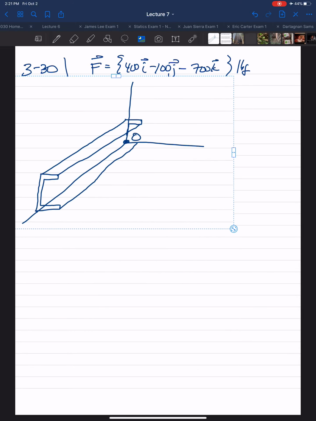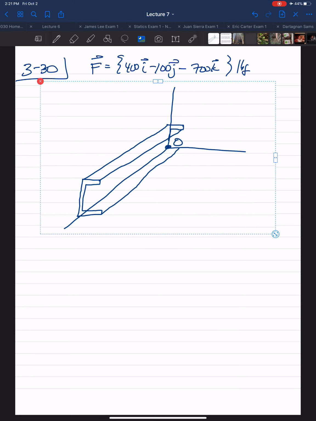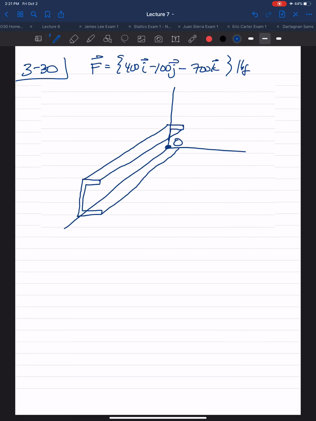Let's make that a little bit larger, like that. Okay, so here the problem's asking us to determine the moment of this force F about point A. So in this case, point A is located here. Let me do a different color. That's point A.